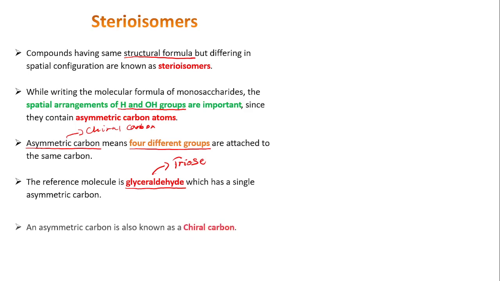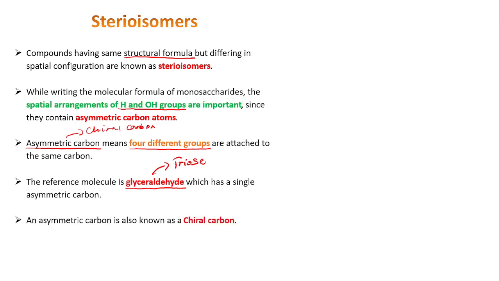I have already explained what a chiral carbon is: a carbon made up of four different groups.